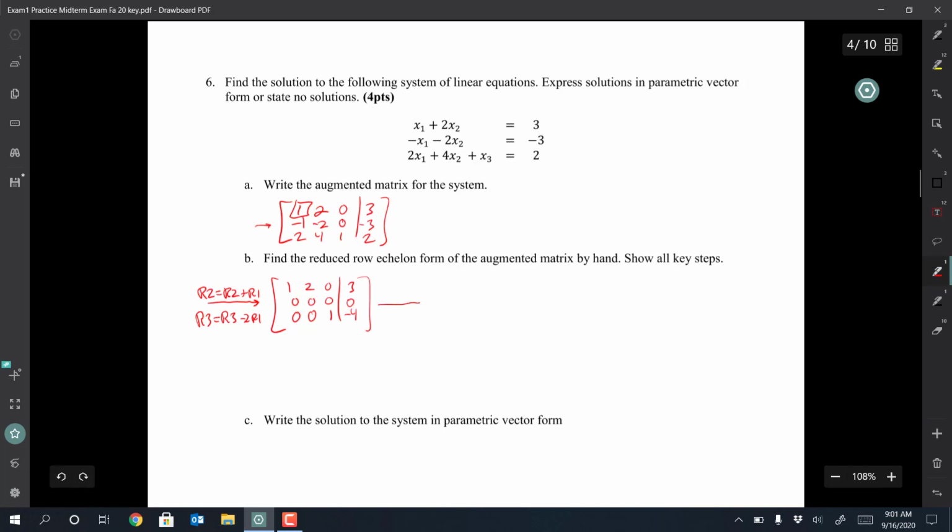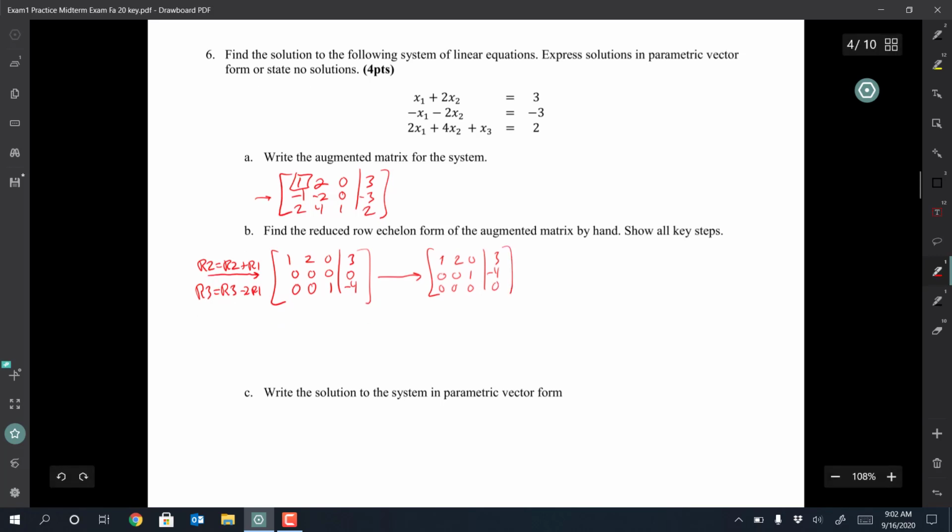All right, so from here, we'll do a little bit of cleanup. I will just swap rows 3 and 2. So 0, 0, 1, negative 4 here, and put my row of all zeros at the bottom. All right, so now my matrix should be in row reduced echelon form.